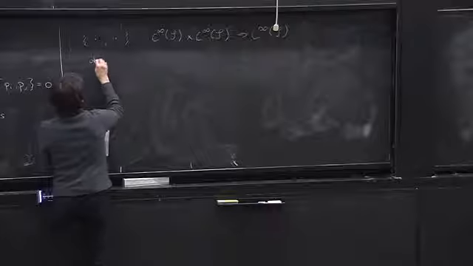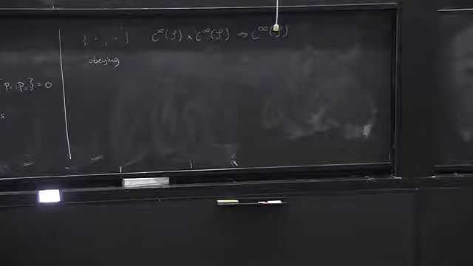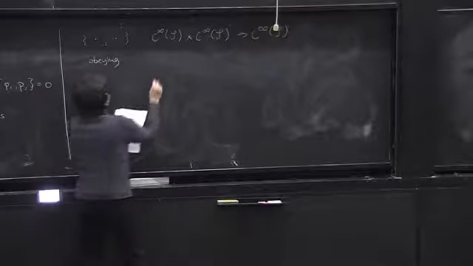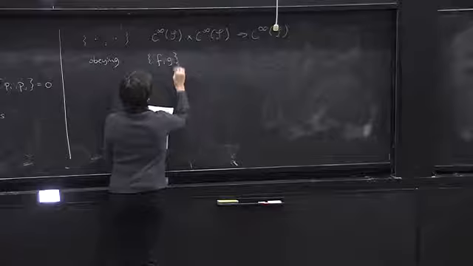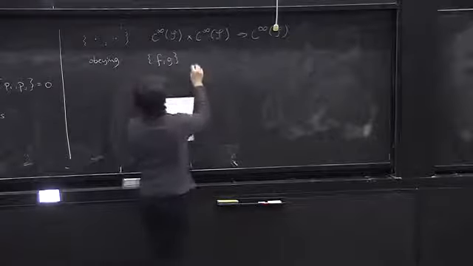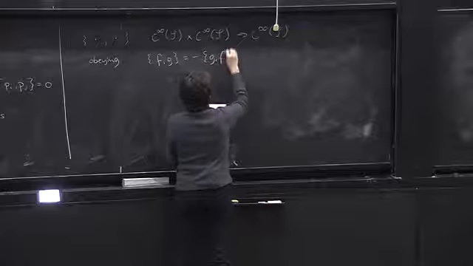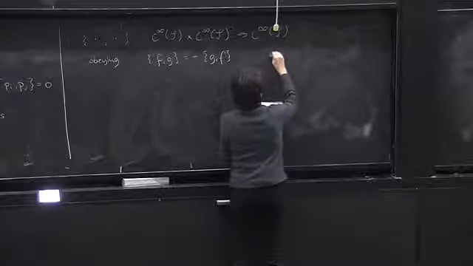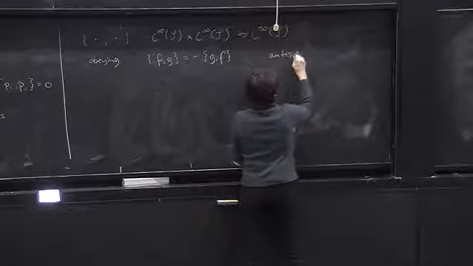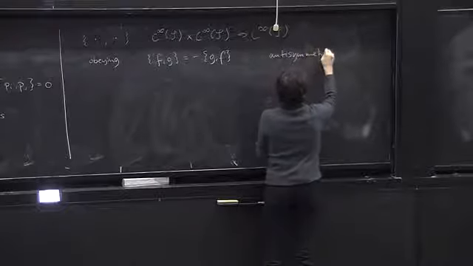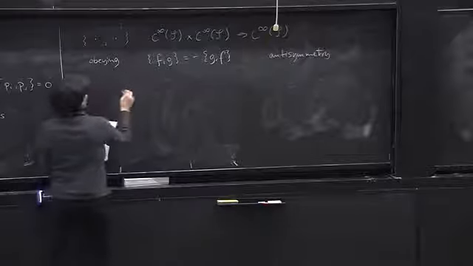And this algebraic relation obeys a few nice properties. F Poisson bracket with G is minus G Poisson bracket with F. This is the antisymmetry of the bracket. And it's also linear.